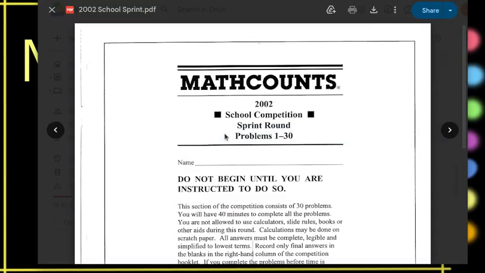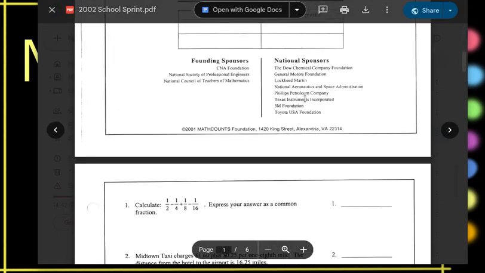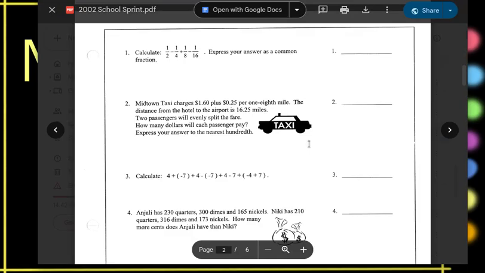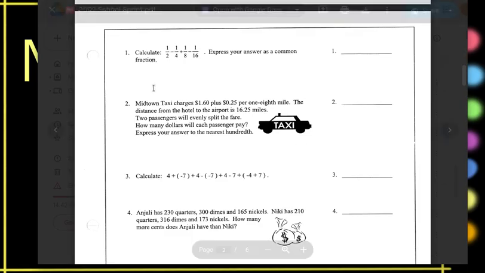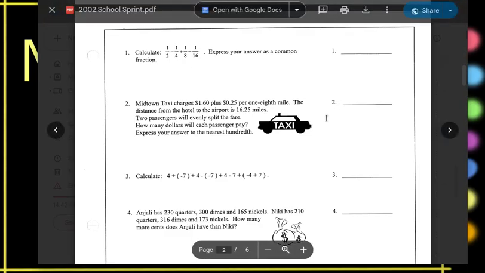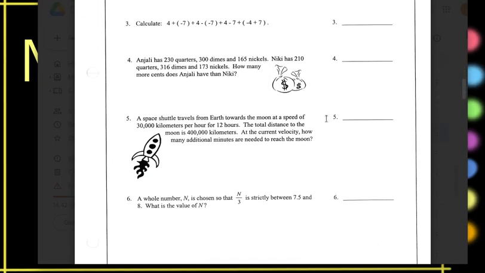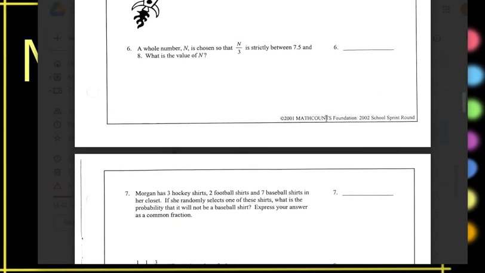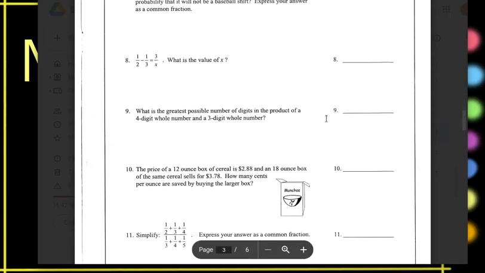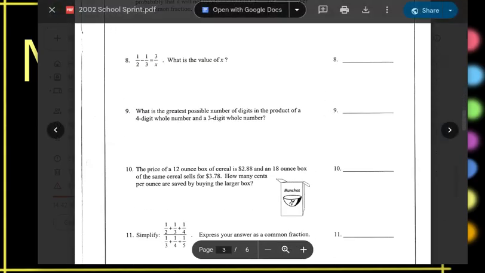If you double click on that, that should give you the test and you should be able to just print it out. I would encourage you to stop the video right now, go print this out, and give yourself a 40-minute timer and try to answer as many problems as you can in 40 minutes. And then score yourself. You can look up the answers also in the Google Drive.